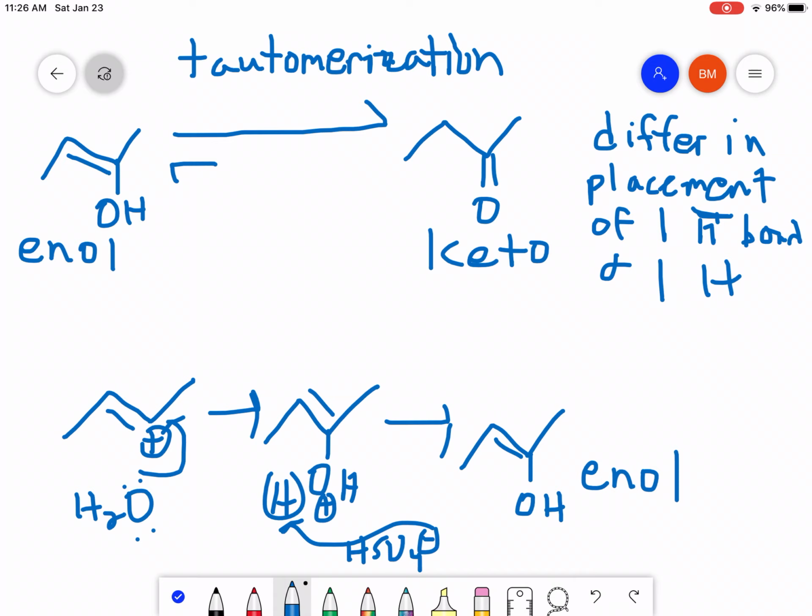If you look at these two forms here, right, in the first structure on the left, we have one pi bond but it's located between these two carbons. Here we also have one pi bond, but instead of a CC double bond, you have a CO double bond.